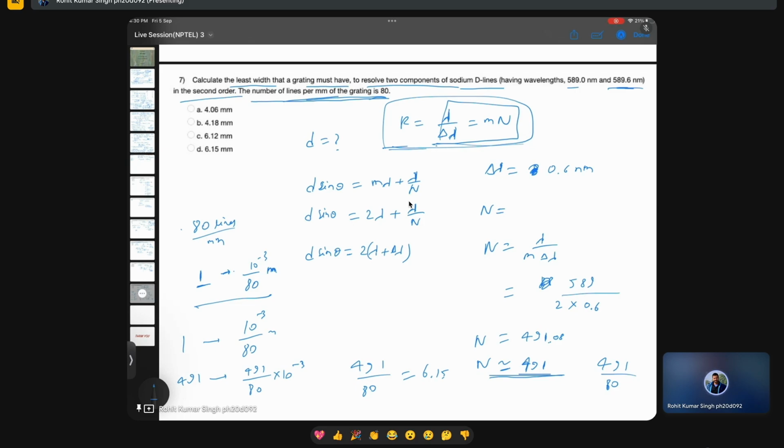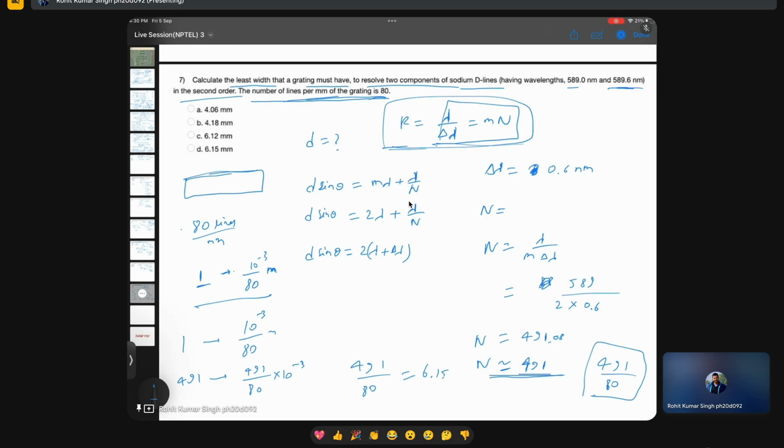I don't understand why. Are they talking about the dimension of grating itself? Wait. Calculate the least width that a grating must have. Oh yeah, you're right. Sorry, I think it's talking about the width of the whole grating, right?